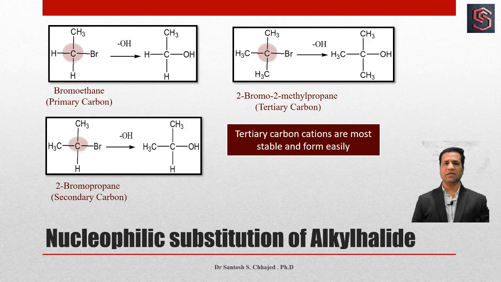It could be 1 step in the case of a primary alkyl halide, and 2 steps when tertiary alkyl halides are there. Because of this, there are two different reactions: nucleophilic substitution unimolecular, SN1, and nucleophilic substitution bimolecular, SN2.